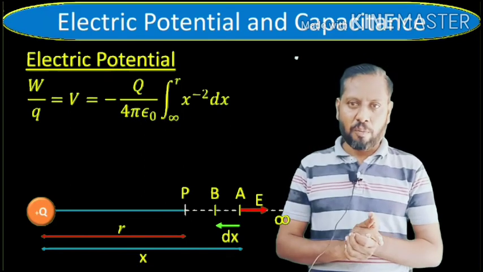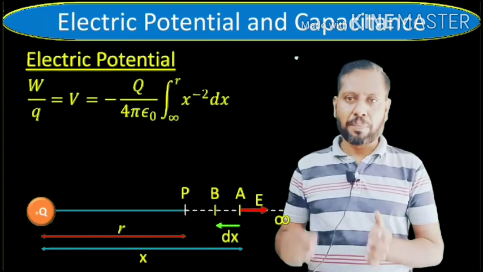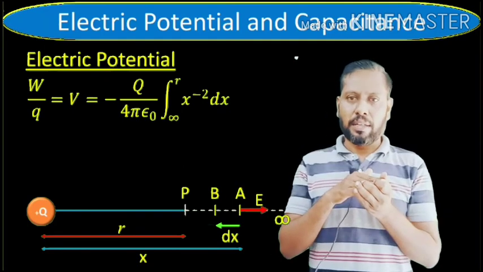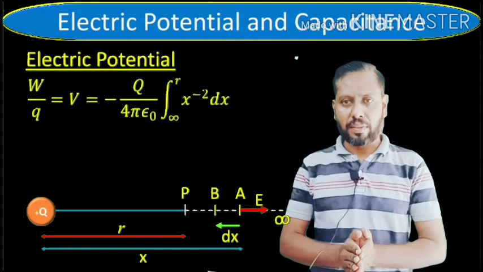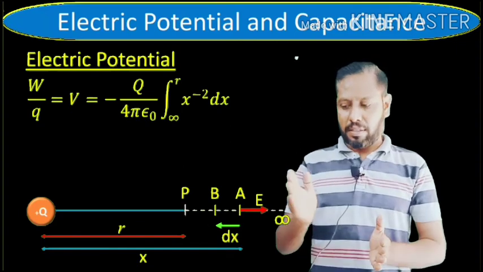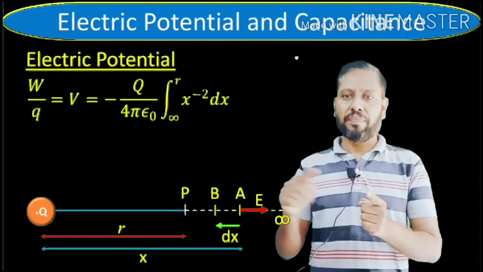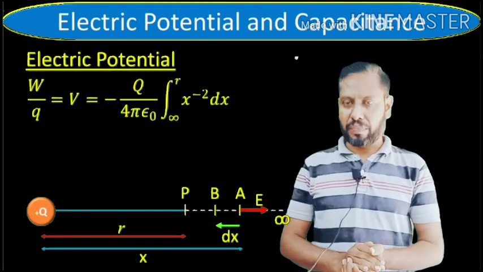Why are the limits from infinity to r? Because we are shifting the charge from infinity to the point P. That's why the limits are taken like this. At point P, the distance of point P from the charge is nothing but r. So that's why we have taken limit r, right?